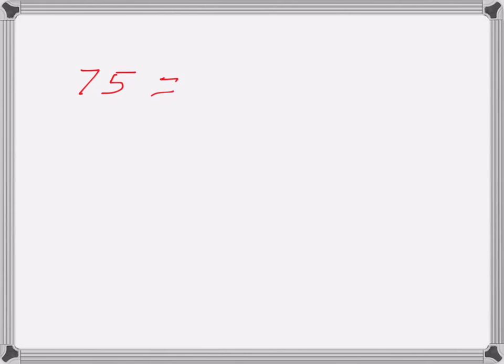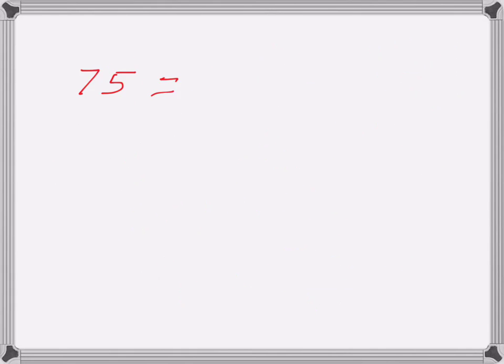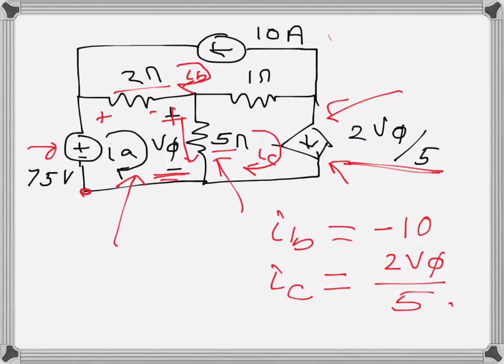Since there are two resistances, 2 ohms and 5 ohms, the sum is 7 ohms times IA, because IA is the loop current. The other two currents will come as negative.